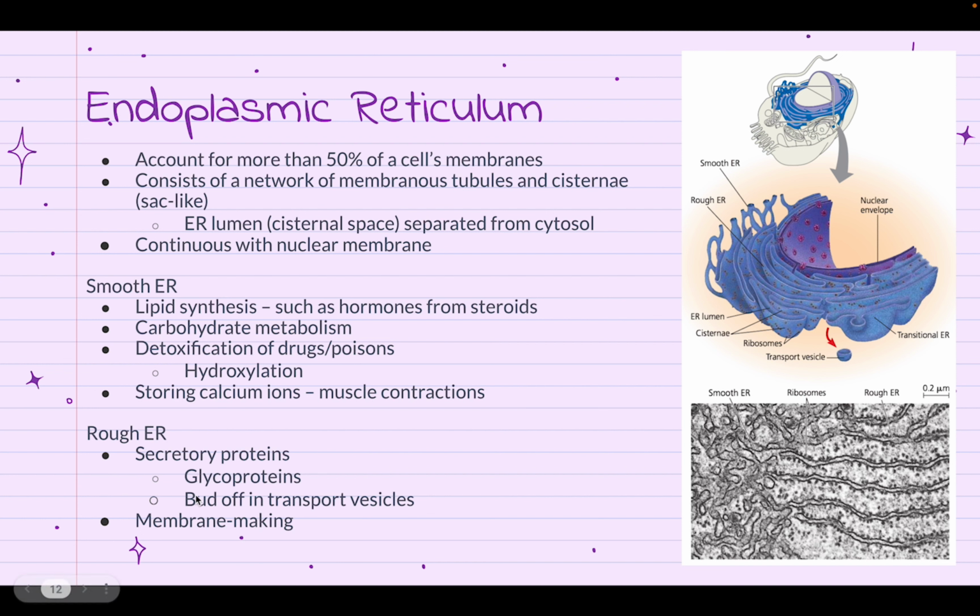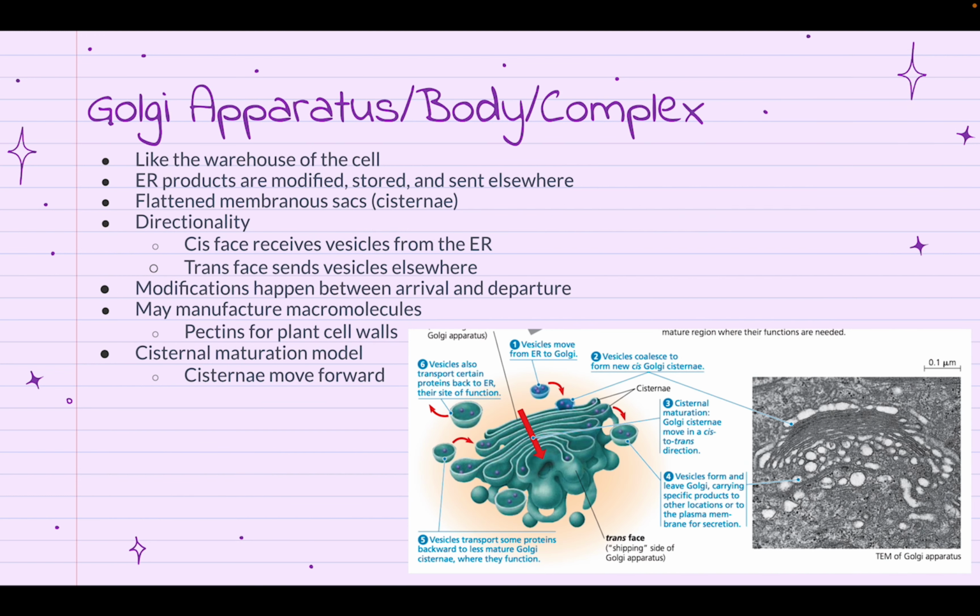It also does some membrane making. In the same way, it makes some lipids just like the smooth ER, and by these vesicles, that's a really good way for lipids to make it to the membrane.